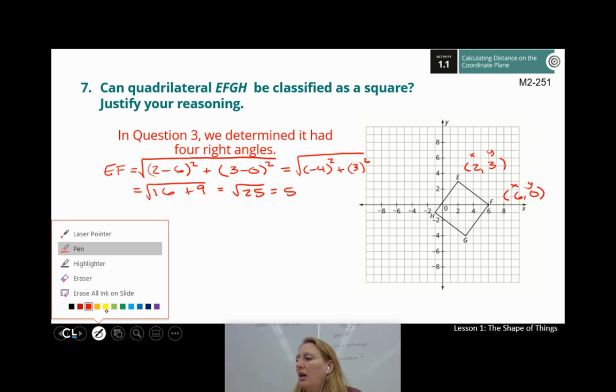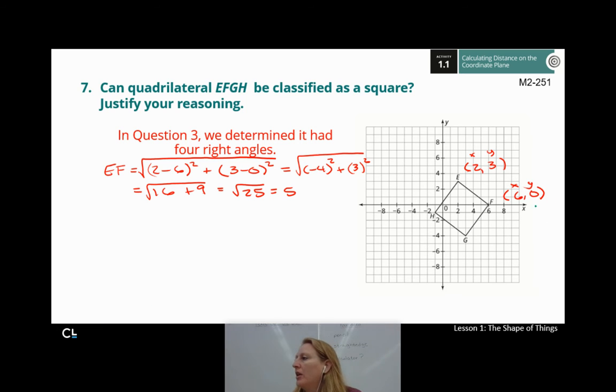I'm going to grab another color just to help change things up. So FG, I know F is 6, 0, so x, y. G, it looks like, is at 3, negative 4, so again x, y.